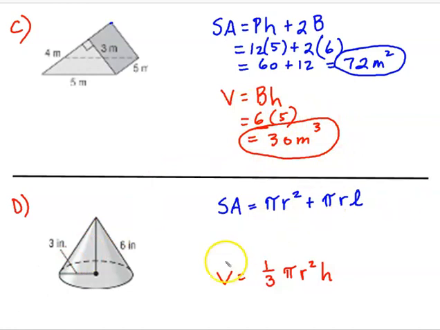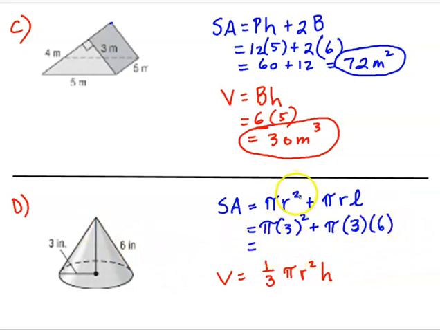All right, and we have one more here that we will take care of. This is a cone, of course, and I gave you the surface area formula, so let's get right to it. This is pi times radius squared plus pi times radius, and this is the slant height again, so that's shown as 6 inches.